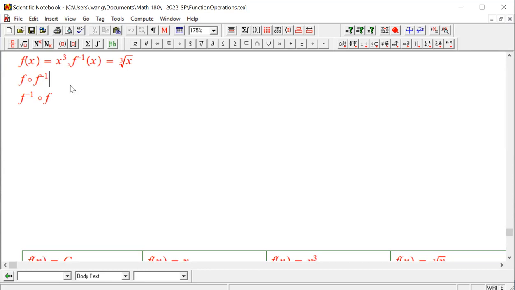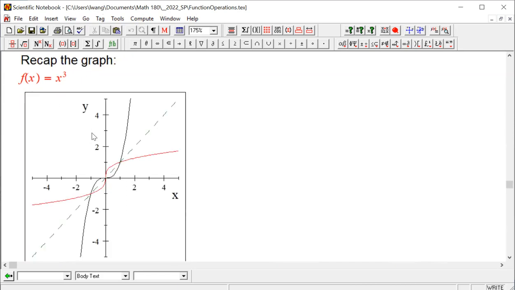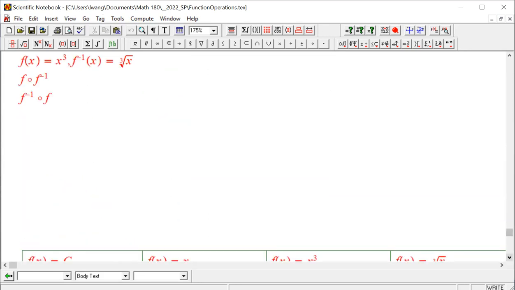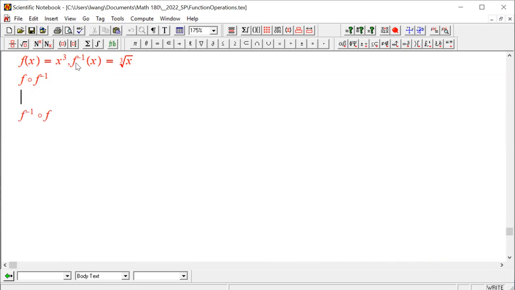But here, the two functions in the composition are inverse functions to each other. What will happen? Let's see how we would do it.